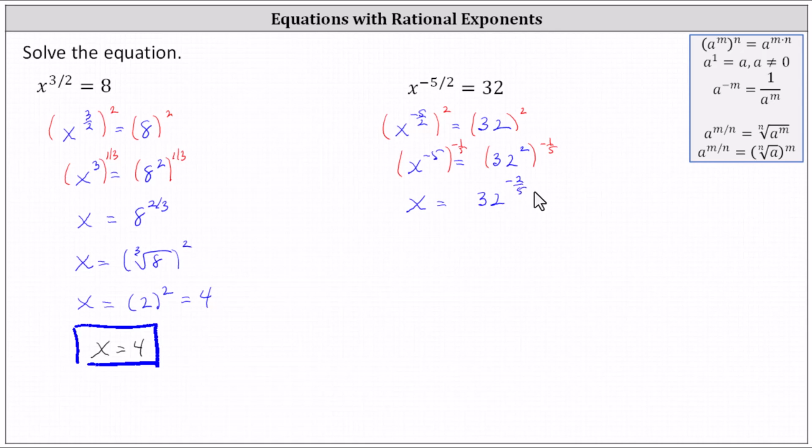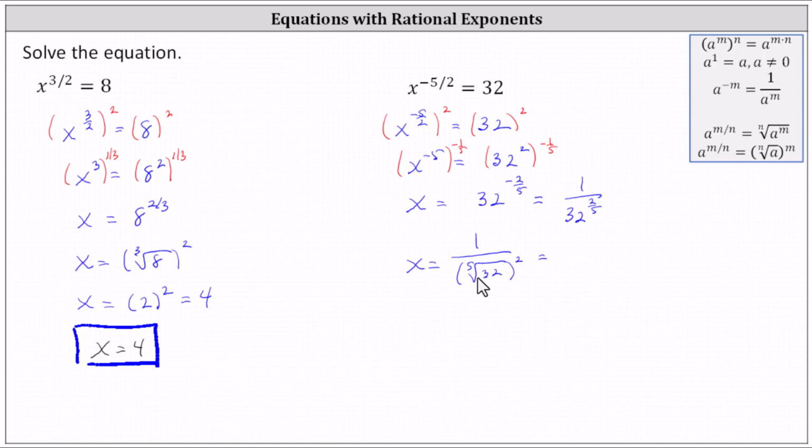Before we simplify, let's write 32 to the power of negative 2/5 using a positive exponent, which would be 1 divided by 32 raised to the power of positive 2/5. And now we'll convert to radical form. We have x equals 1 divided by, 5 is the index, 2 is the exponent, and because 32 is a perfect 5th root, let's write 32 to the power of 2/5 as the square of the 5th root of 32.